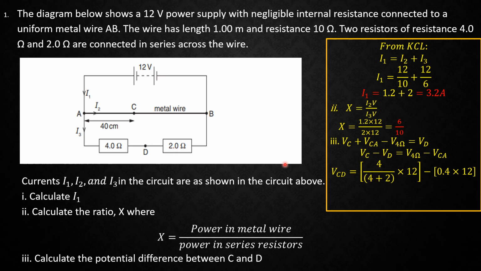So it gives you the potential across this one resistor minus the potential across CA, which is basically 0.4 multiplied by the resistance here, which is 10.